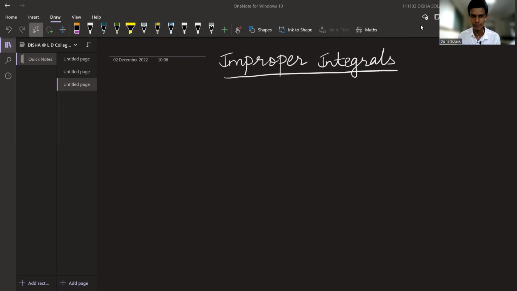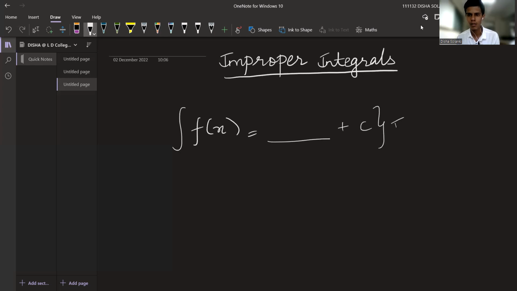If we have an integration of some function f of x, and if we don't apply any limits to it, then we have some answer, and then we put a constant of integration which is c. This integral is an indefinite integral.